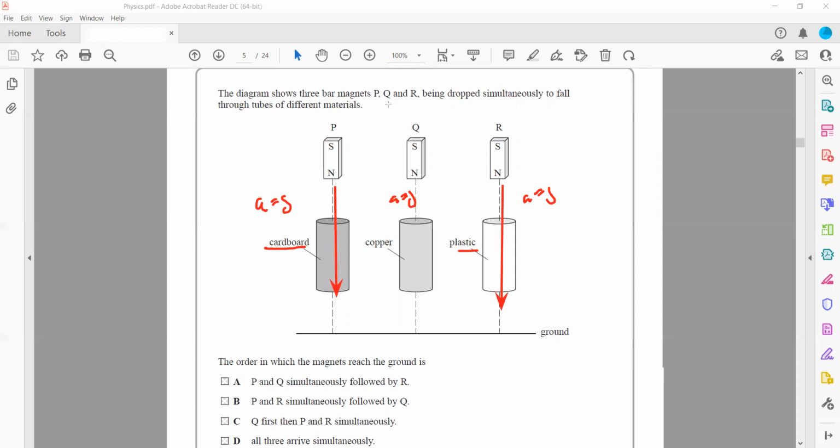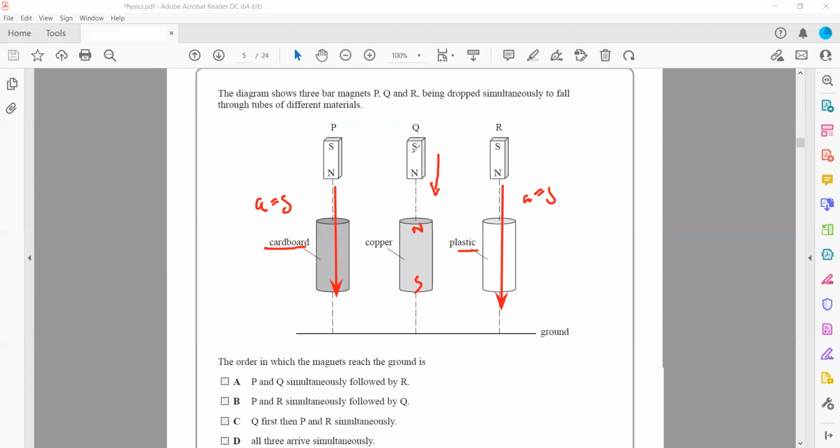But as we know, according to Lenz's law, the induced EMF always tries to oppose the change. First, when the magnet is moving towards the copper, there is a change in magnetic field which induces EMF in the copper. As a result of this induced EMF, there will be a magnetic field from the copper and it tries to oppose it. So how can it oppose? This side appears to be north and this side will be south.